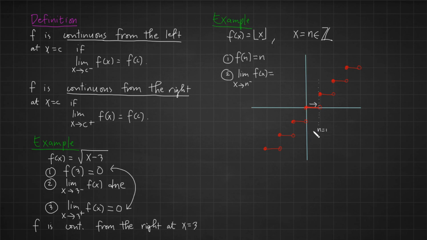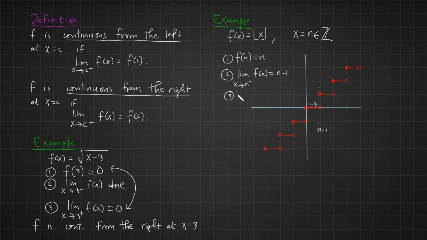Dito sa pinili kong value ng n, which is equal to 1, yung limit natin ay 0 kung galing tayong kaliwa. Kung galing naman tayo ng kaliwa ng 2, yung limit natin ay magiging 1. So in general, the limit as x approaches n from the left is equal to n minus 1. And it's different from f of n. Okay. So therefore, hindi ito continuous from the left of x equals n.